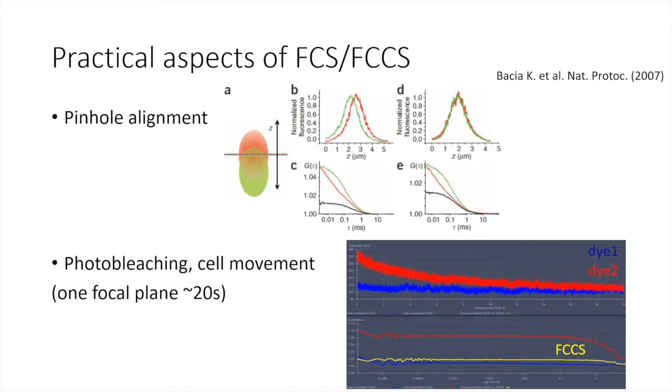So just keep in mind when you do FCS or FCCS, make sure you look at both the correlation curve and the time trace to make sure what you have is the correct information. And for this slow decay, some papers say they can use some correction to handle this. But we can talk about that later if you're interested in how to correct the photobleaching.